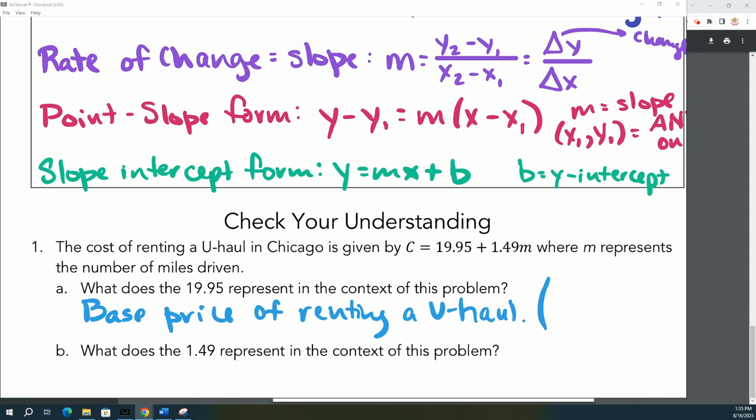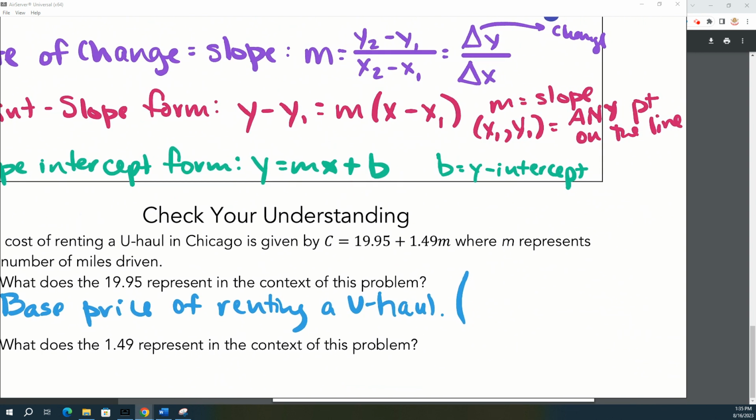So it's what you would pay if you drove 0 miles. So when no miles are driven. Okay, so if we're thinking about renting this U-Haul, what do you think the 1.49 represents?